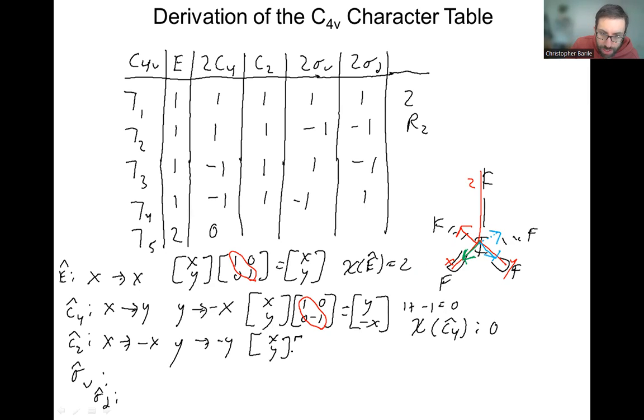So now we can write our 2-by-2 matrix for that. And it's going to be two -1s across the diagonal. X went to -x and y went to -y. And so we end up with chi of C2 is going to be equal to -2. Trace of this matrix, -1 plus -1.